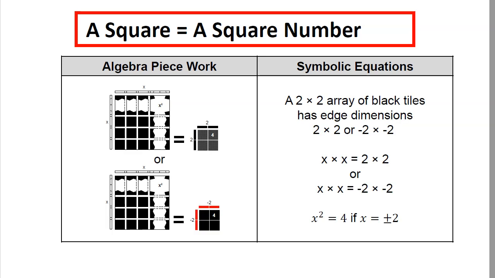A 2 by 2 array of black tiles has edge dimensions 2 by 2 or minus 2 by minus 2. Our black x square has dimensions x times x or minus x times minus x, but we'll use x times x in both cases here. This shows us again that x will equal plus or minus 2 when we match our edge dimensions with the squares.